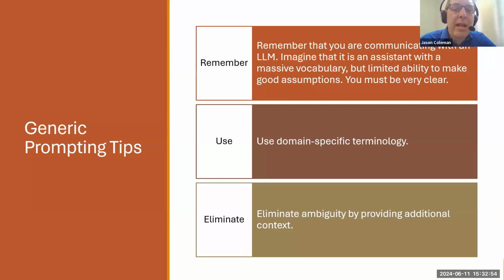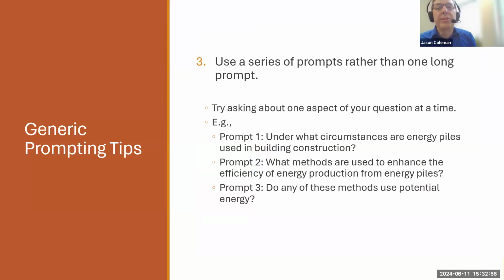So eliminate ambiguity. Using a series of prompts rather than one long prompt is something that I found to be helpful. I like to build it up over time by asking different aspects of what I'm looking for and gradually adding more and more to the question, like a number of patrons will do to us, right?